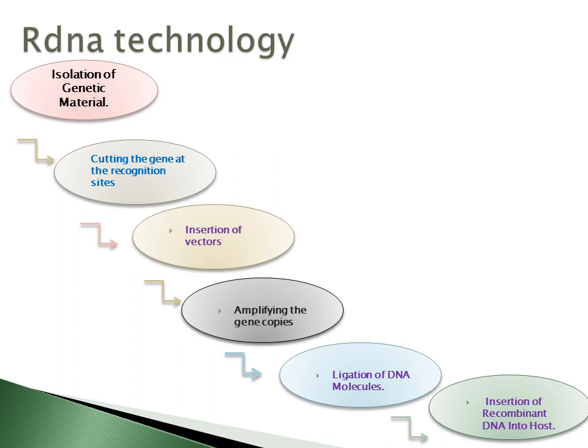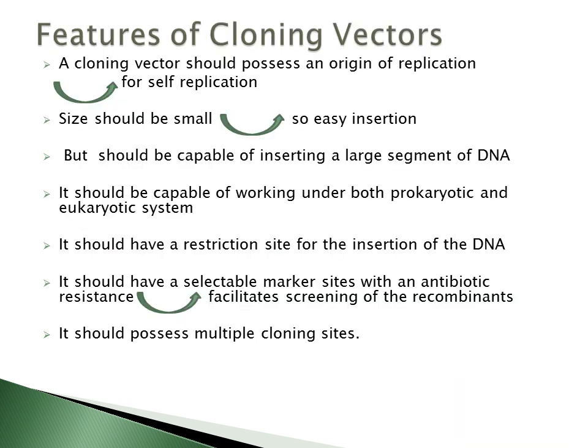In order to overcome all the problems, we need to select the vector in an appropriate manner for amplification of gene copies, so the next step will go smoothly. Next is amplification of gene copies, ligation of DNA molecules, and insertion of recombinant DNAs into the host cell.